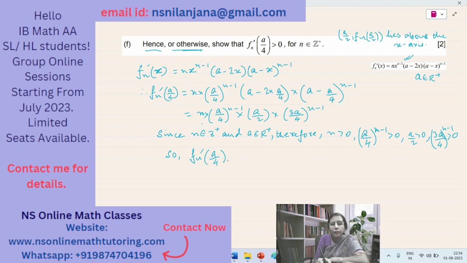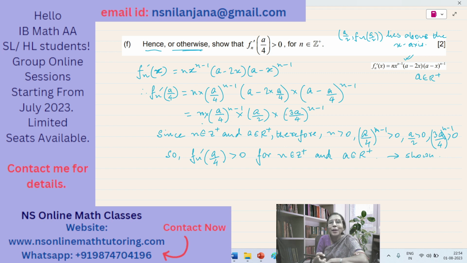So, n dash of a over 4 is greater than 0, since n belongs to the set of positive integers and a belongs to the set of positive real numbers. Okay. So, this is shown. So, we have completed subpart F.